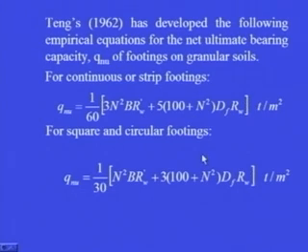Now, we can convert this into kilonewton per meter square also. For square and circular footing, this is 1/30 [N² B R_W' + 300 + N² Df R_W] in ton per meter square.